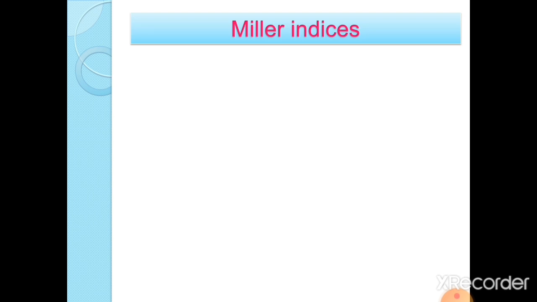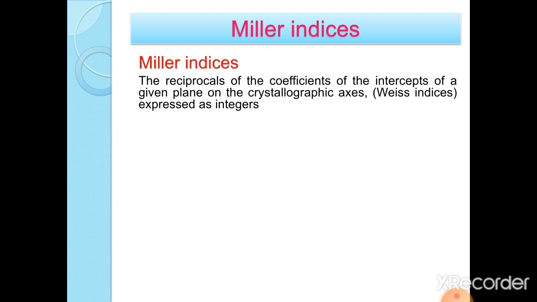Next we shall see what are Miller indices. Miller indices are the reciprocals of the coefficients of the intercepts of a given plane on the crystallographic axis expressed as integers. Or in simple terms, Miller indices are the reciprocals of Weiss indices expressed as integers.